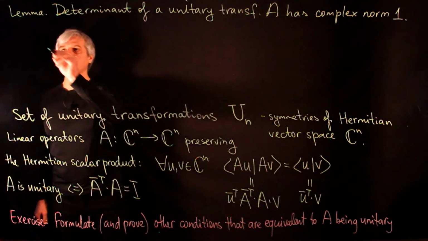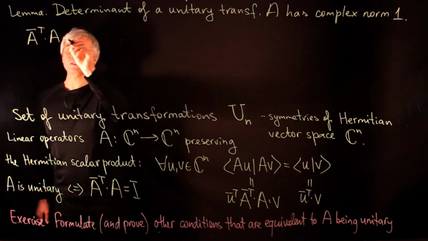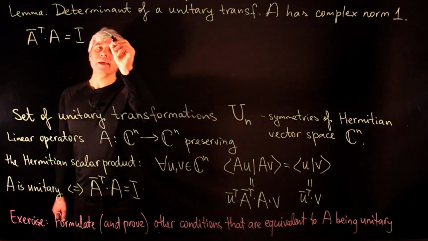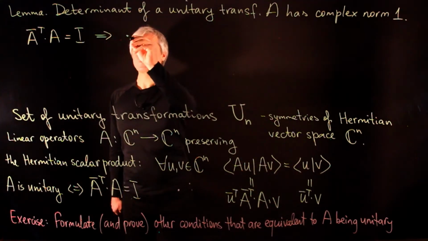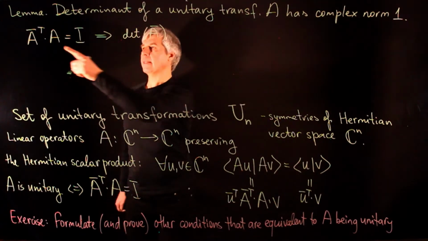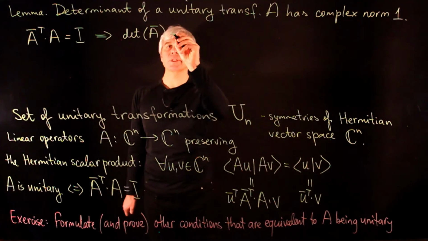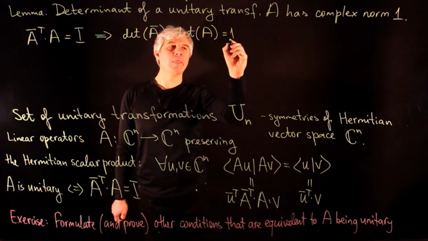Let us take the identity that A bar transpose times A is equal to identity matrix and take the determinant of both sides. Then on the left we get the product of determinant of A bar, and the transpose does not change the determinant, with determinant of A, and on the right we have 1.